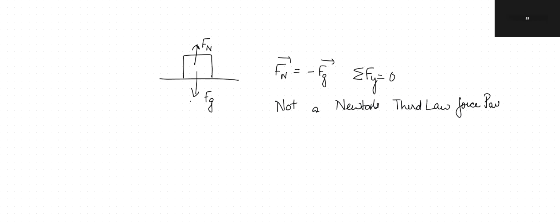Because the two forces are acting on the same object, this block. Force of gravity is acting, and normal force is also acting on it. So Newton's third law force pairs always act on two different objects.